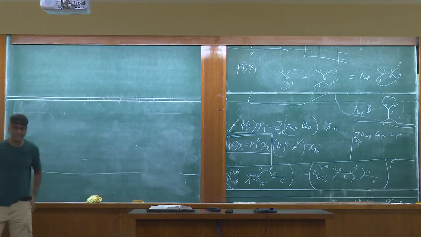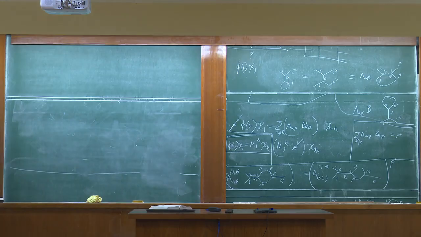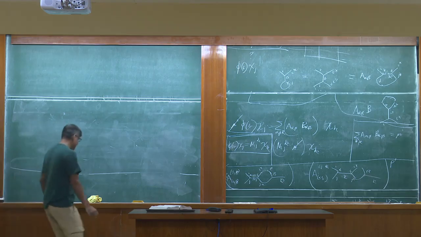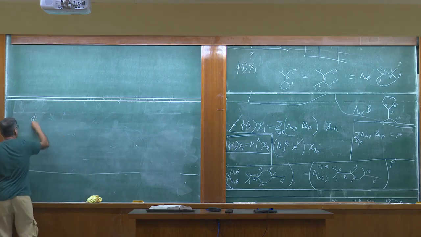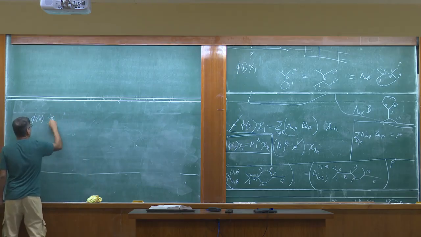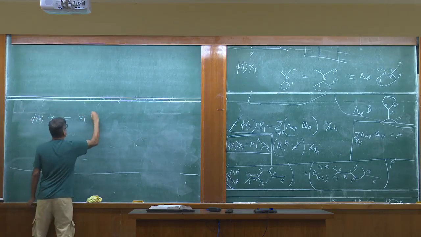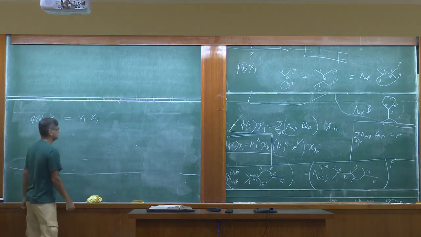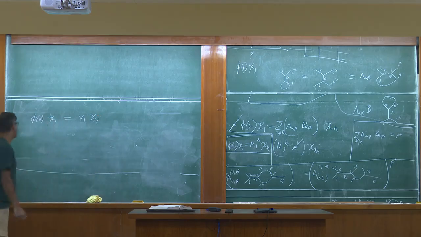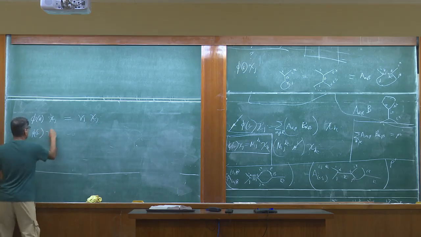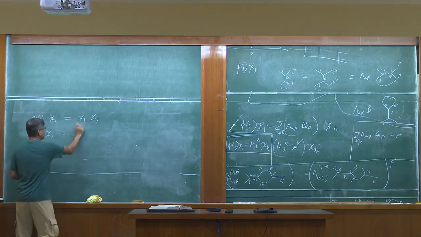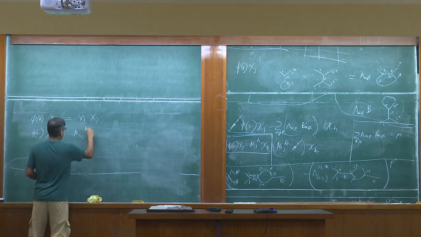Now the consequences of this equation are very clear, because we know two things. We know that phi a on chi j is equal to gamma j on chi j. And we know that phi b on chi j is equal to N_ijk on phi k.